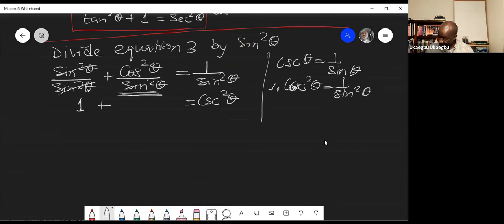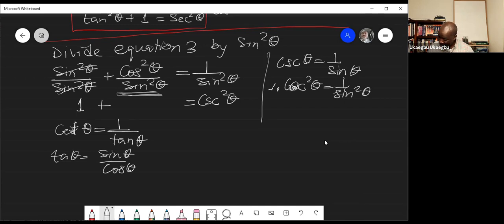We know that cotangent, cot theta, is equal to 1 over tangent theta. And tangent theta itself is sine theta over cos theta.